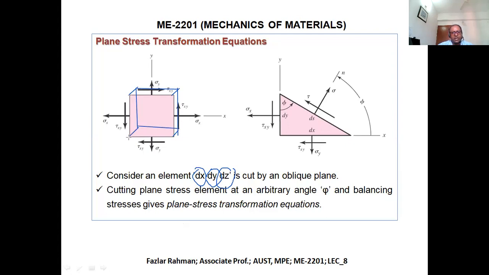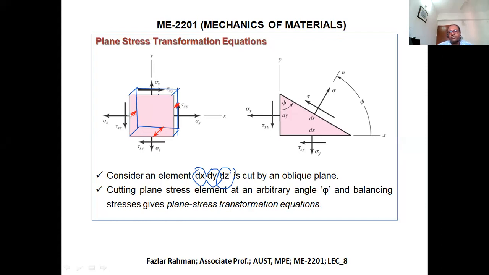So the length from here to here is dx, from here to here dy, and from here to here this distance is dz. This is also dz, this is also dz. That means the thickness is dz, right?